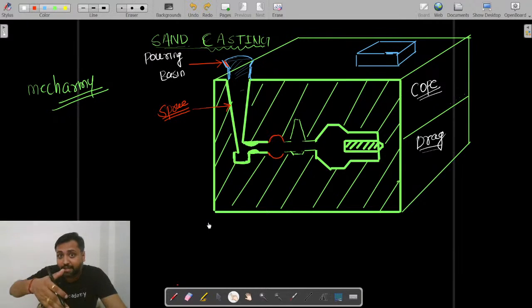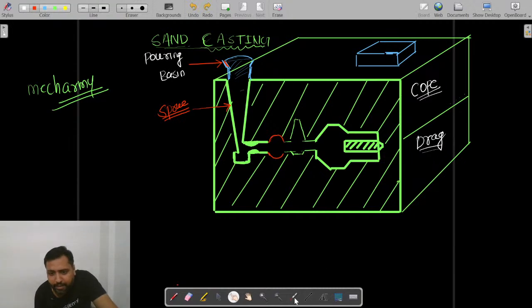If you pour directly, the flow will be highly turbulent, and that may break the sand mold into the surrounding. Then it can mix with the molten metal and reach the casting cavity, and if it solidifies there, the casting will become defective.